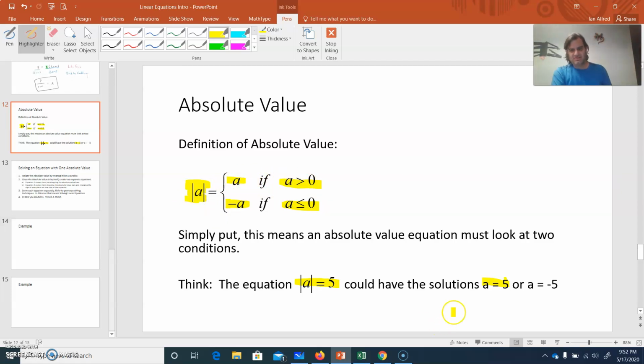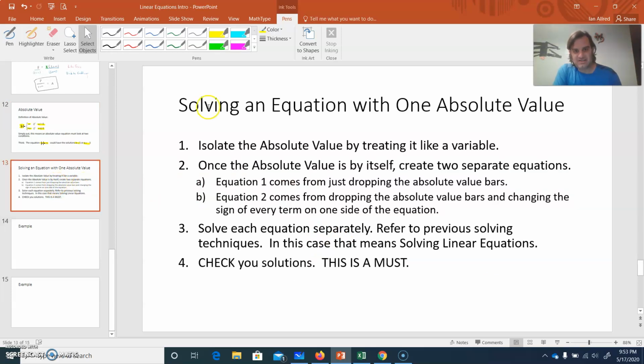But also, A could be negative 5 because you would just drop the negative and you would get 5 in the end. So two different things could be A, and when you take the absolute value of it, you could get 5. So we have to look at that as we have possibility for multiple solutions. Maybe not infinite solutions like some equations, but multiple. Okay. So let's talk about solving these equations right now with one absolute value.